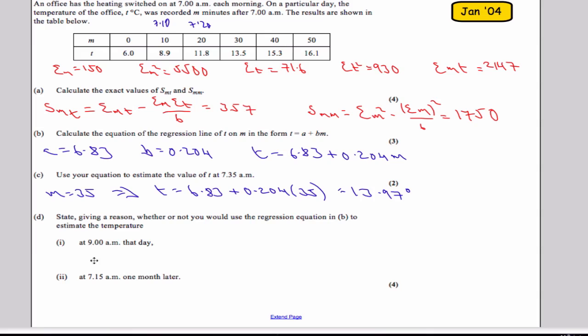So I would say no here, as 9 a.m. is outside the range of data collected. In other words, it was extrapolated. It would be extrapolation.